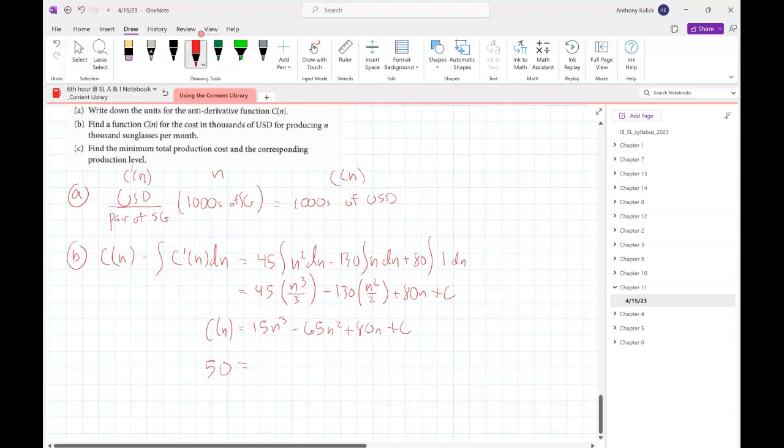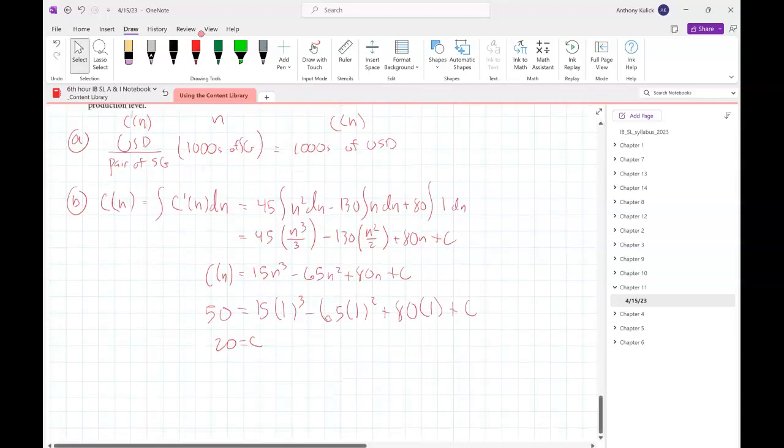So to solve for my constant then, let's see, I have 95 minus 65 is 30. I subtract 30 from both sides. My constant is 20.